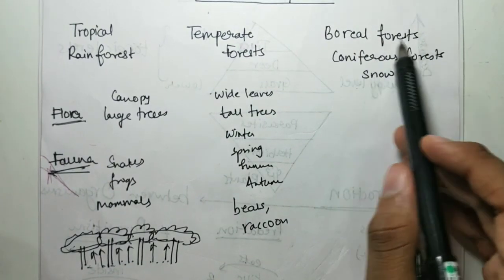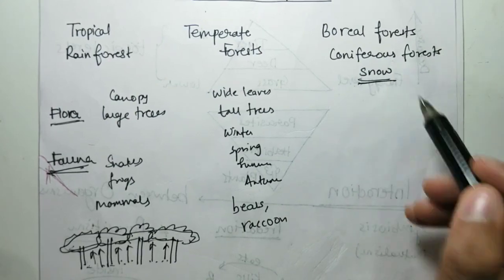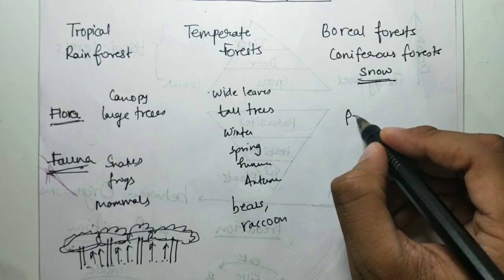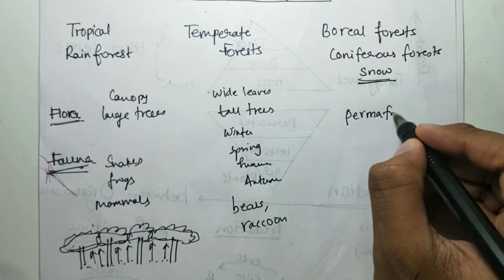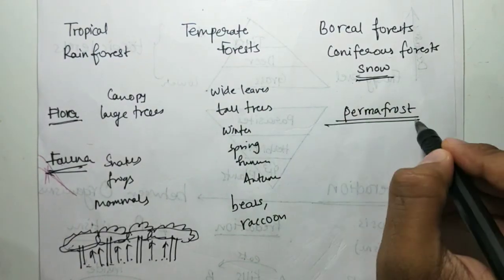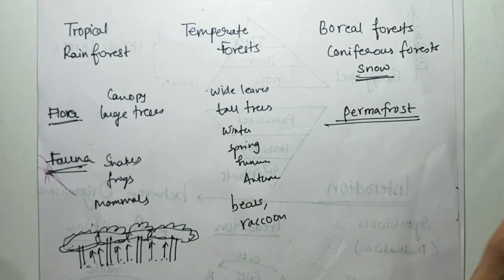Then the boreal forest, the coniferous forest, is in snow regions. Snowy regions where the plants are fully covered with snow, and they are also called permafrost, the permanently frozen parts. There's so much ice there that those parts get frozen.